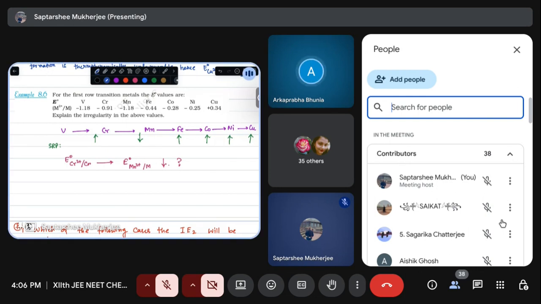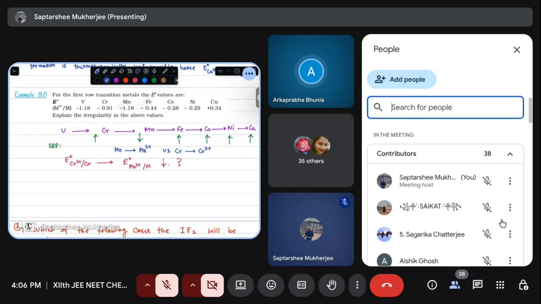See, here we are trying to establish manganese to manganese plus 2 versus chromium to chromium plus 2. Which one will have energy left?